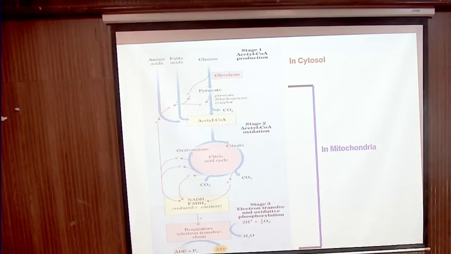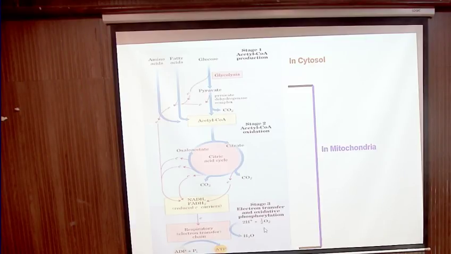So oxaloacetate being that starting product along with acetyl-CoA, and we eventually get oxaloacetate back in the cycle. So therefore, more than a pathway, this is called a cycle. Stage 2 is the oxidation of acetyl-CoA, where a lot of NADH and FADH2 is produced, not exactly ATP, but when they enter the electron transport chain, they translate into the formation of this important product called ATP.